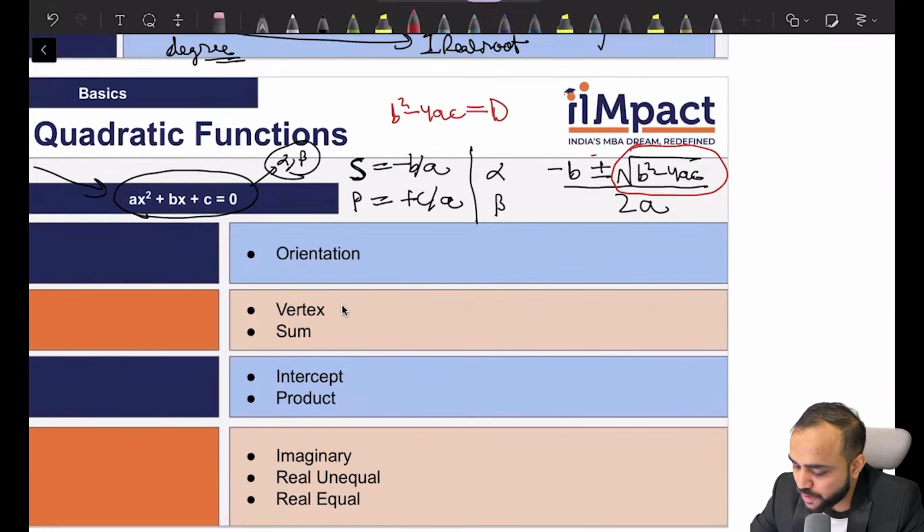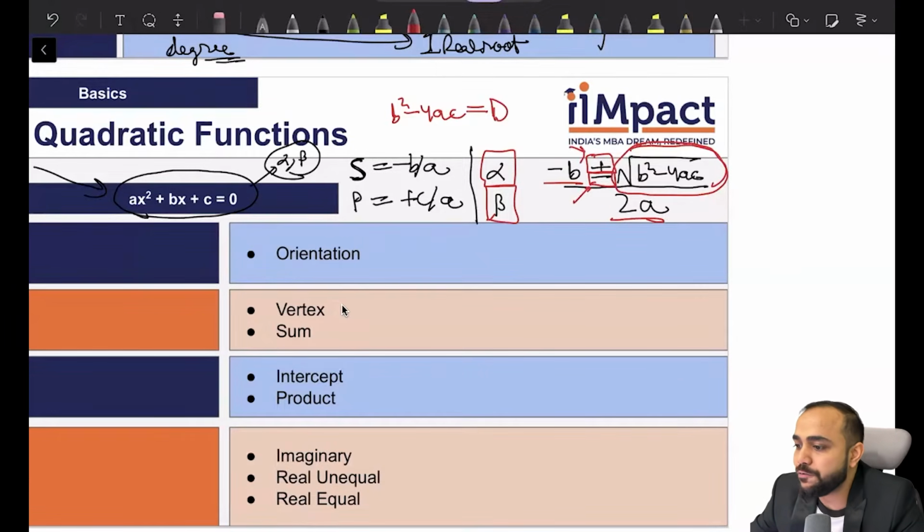What are the two things that you see in front of it? In fact, what is the key difference between alpha and beta? This minus b and 2a is common to both alpha and beta expressions. This under root of d is also common to this expression. The only thing that is different is the plus and the minus sign, which means that if one of the roots is imaginary, then the other one will also have to be imaginary because it will also have the same term.